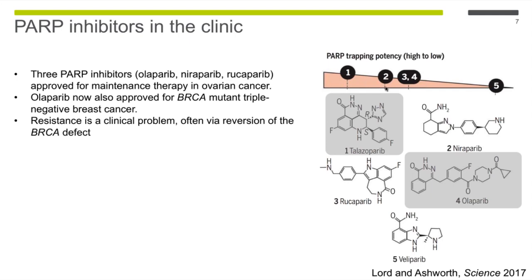What that means is that the mutations we see in patients in BRCA1 or BRCA2 are often frameshift mutations that put the protein out of frame, and sometimes in the resistance setting, you'll see a compensating frameshift mutation that will put the gene back into frame and restore homologous recombination function to the cell. So this is one way that we know cells can become resistant to the inhibitors, but there are also many unexplained cases of resistance as well.